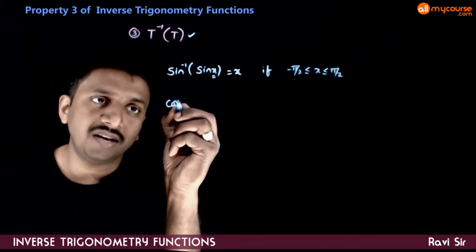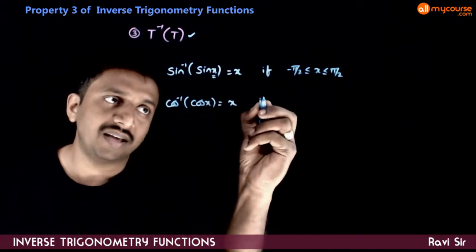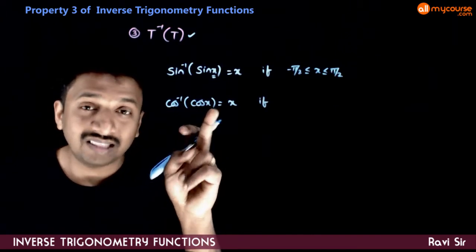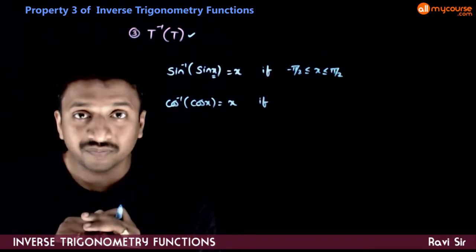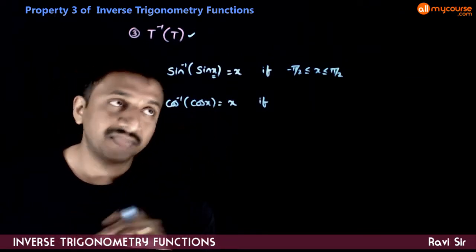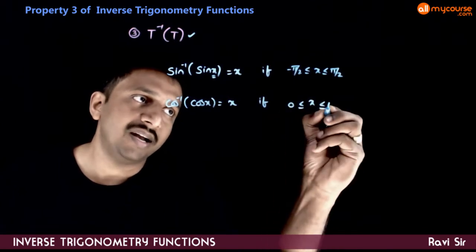Similarly, cos inverse of cos x will be equal to x if x lies in the restricted domain of cos or x lies in the range of cos inverse. That is, x is in between 0 and pi.